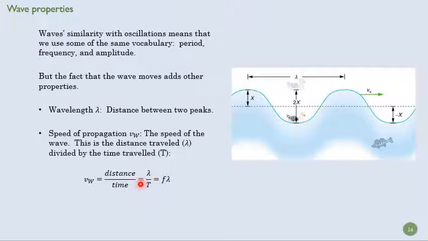And then if we replace t by 1 over f, that is the period, by 1 over frequency, we get this term here. And if you think about this term, obviously it's also in units distance over time, but what you're measuring here is basically how many waves per second go by, right, multiplied by how long the wave is, okay? And that's going to tell you how fast that wave is moving.